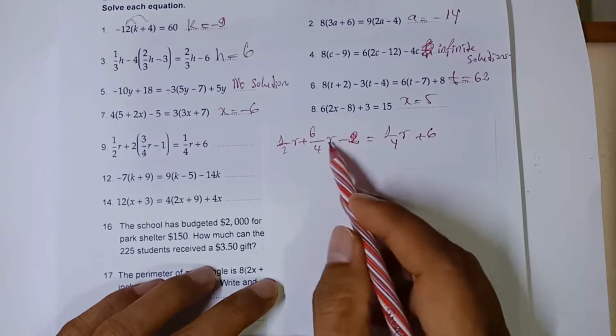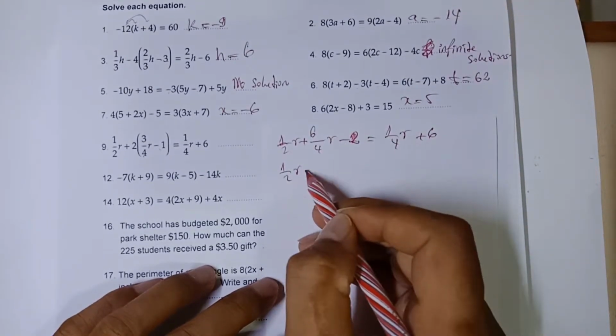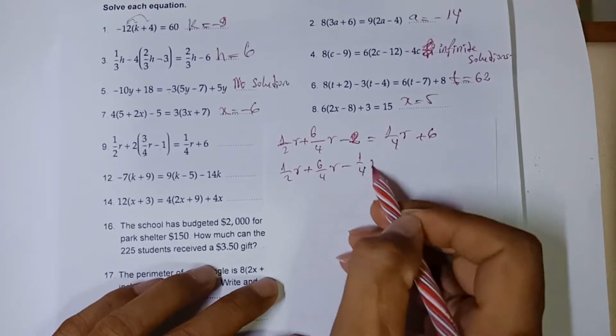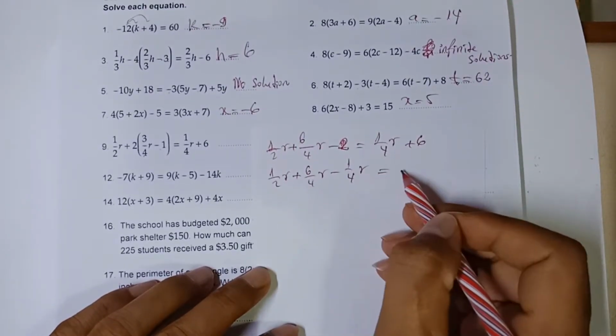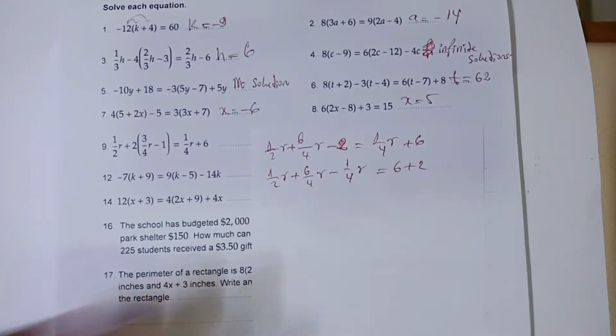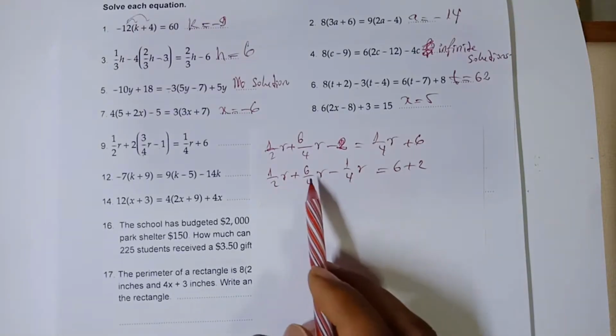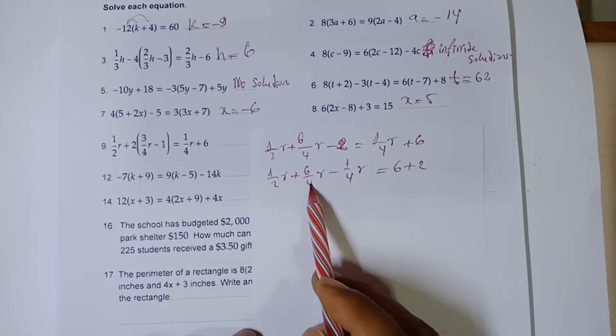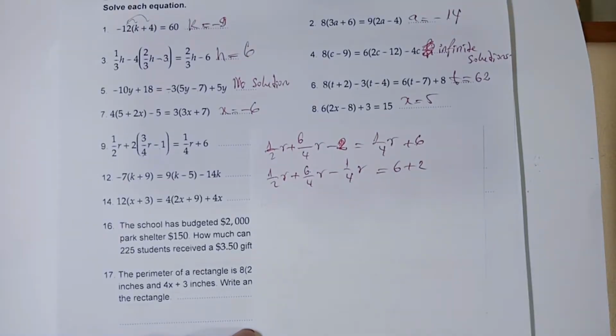Let me combine all of this together first. You have 1 over 2r plus 6 over 4r, and then you minus 1 over 4r equal to 6 plus 2. 6 and then plus 2 here. Now let's work on this together. 1/2 of r plus 6 over 4r minus 1 over 4.